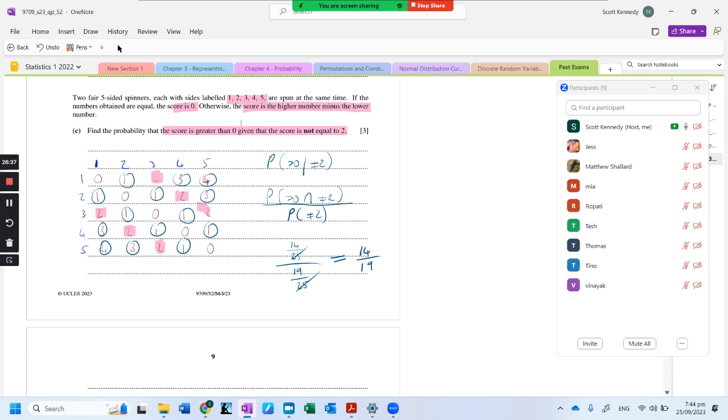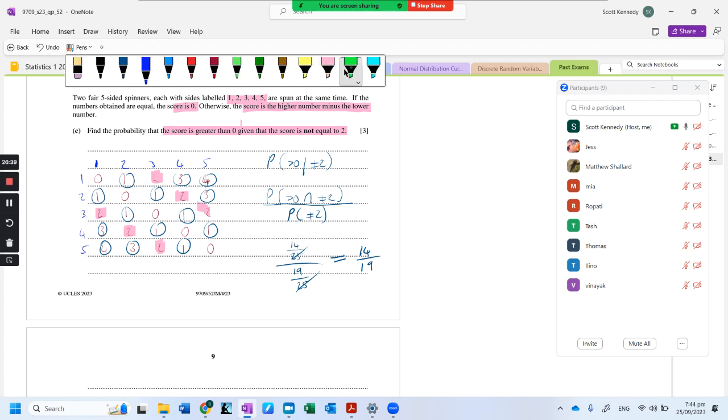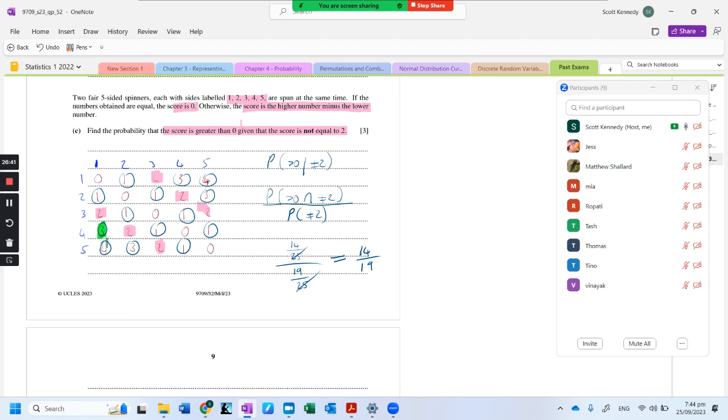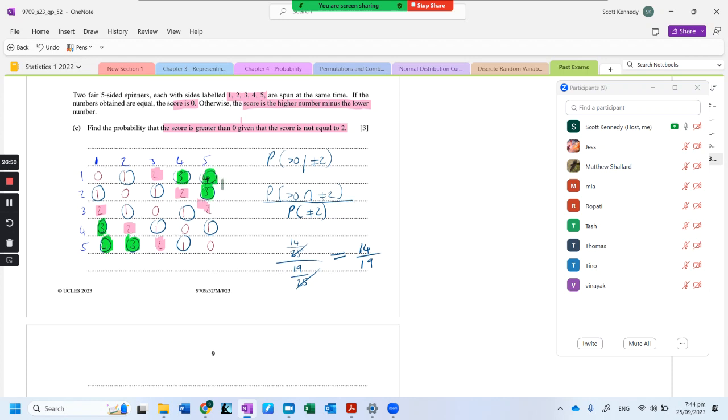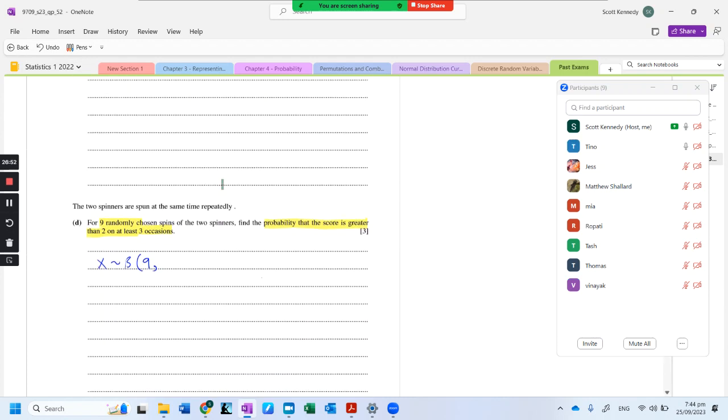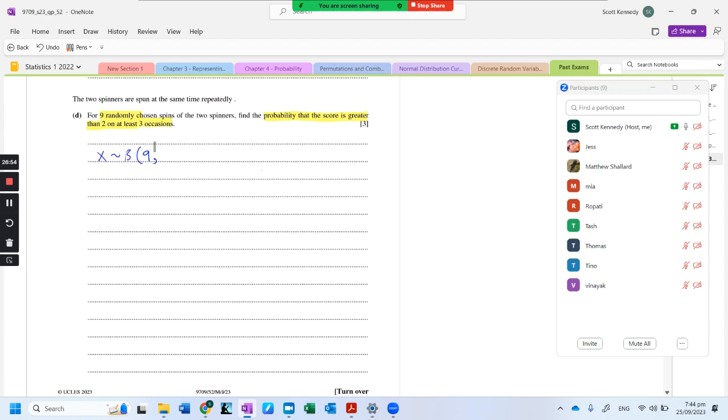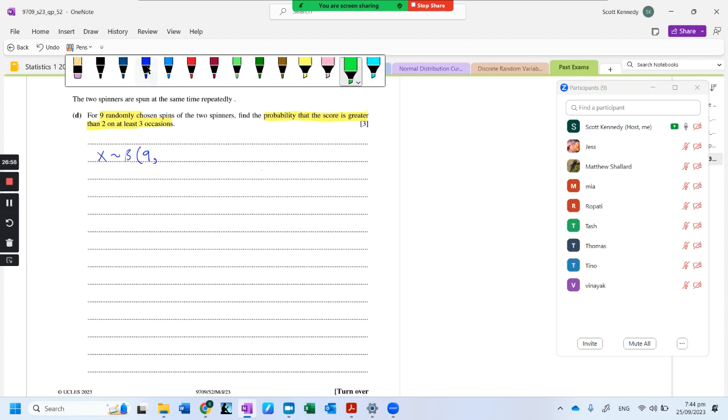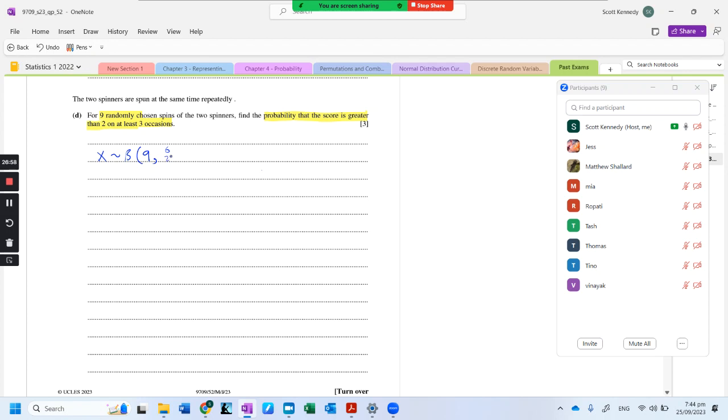Greater than 2? I'm going to go back and have another look. I'm going to highlight with green. Where is it greater than 2? Here, here, here. Here, here, here. What do you think, Tino? Yeah. It wasn't what we had done before, actually. 6/25. Okay, good. All right.